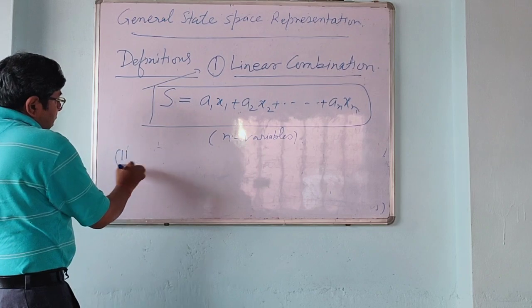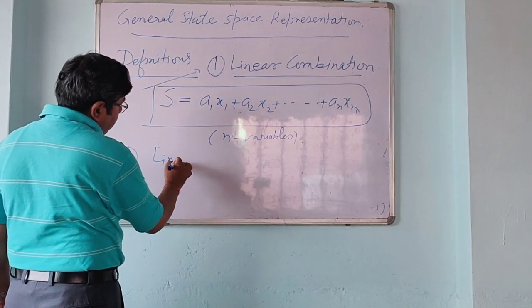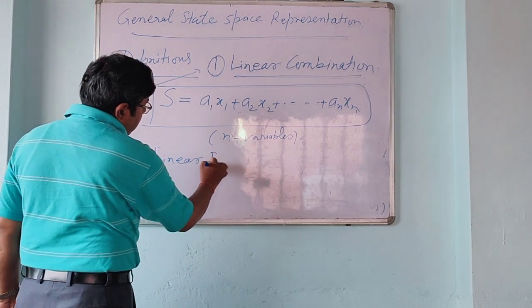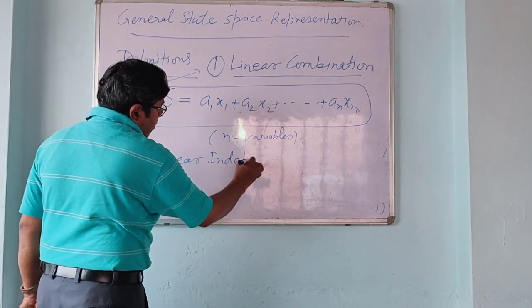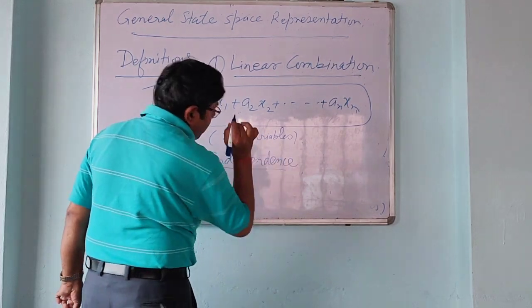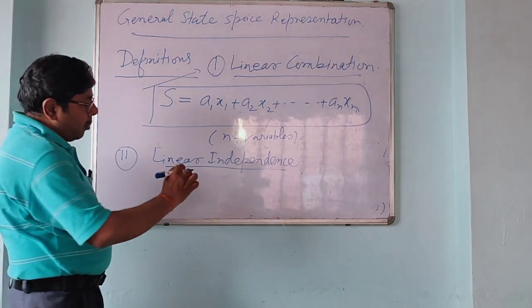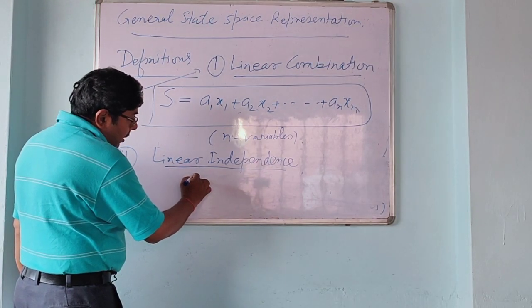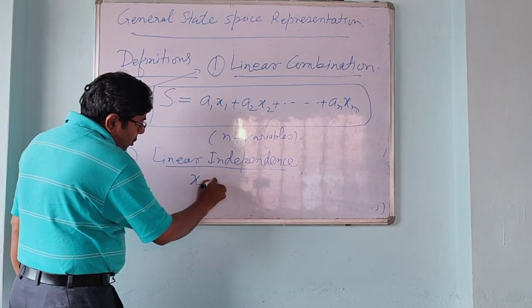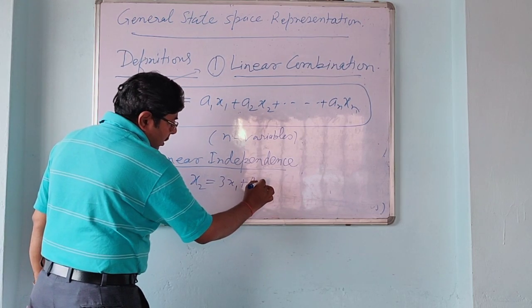Second one is the definition linear independence. What is linear independence? Suppose we are taking an example like this. Suppose x2 is given by 3x1 plus 4x3.